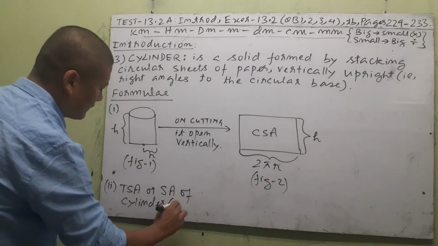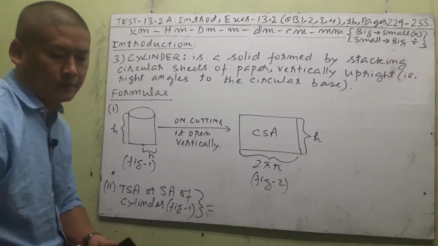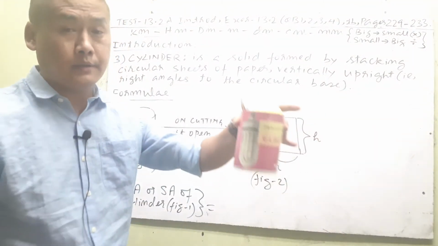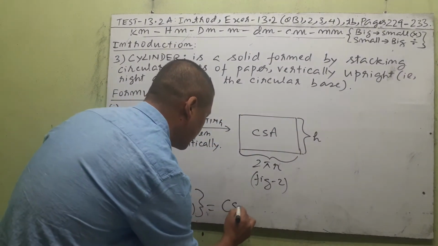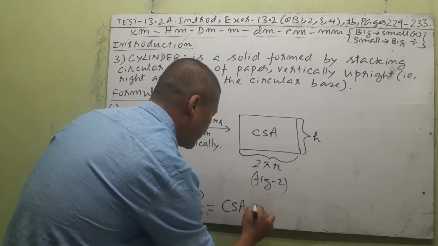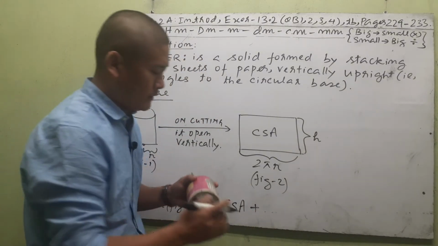Let us say we're taking figure 1, will be equal to, look here now, this is the cylinder. Then this is the curved surface area or lateral surface area plus this circle area.